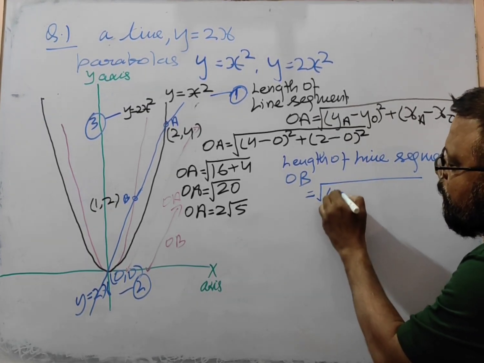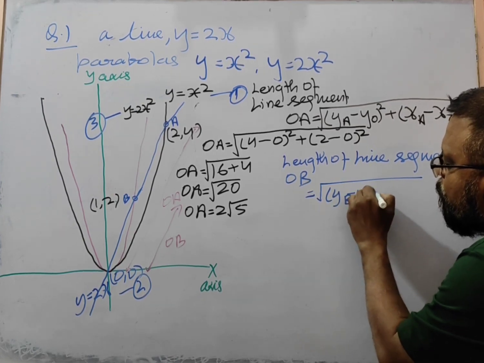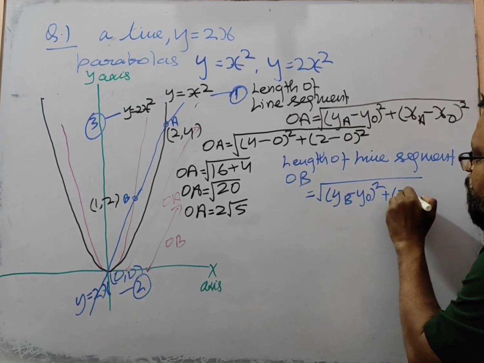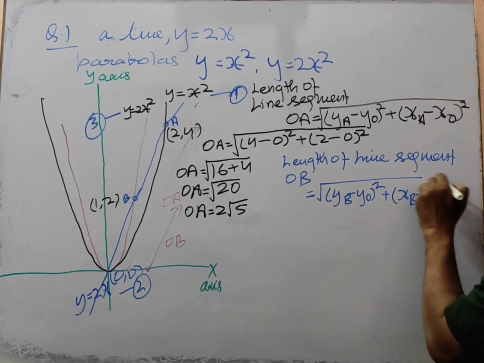yb minus yo whole square plus xb minus xo whole square. Getting?